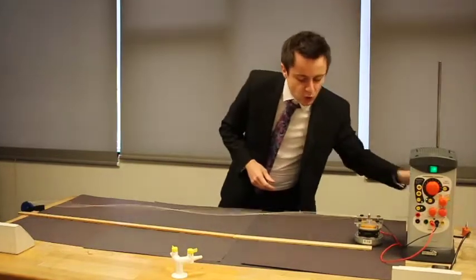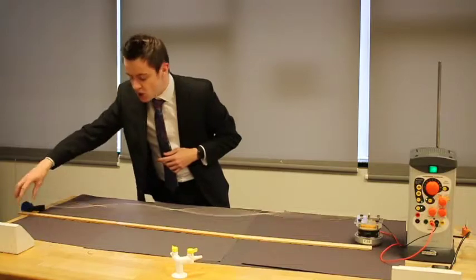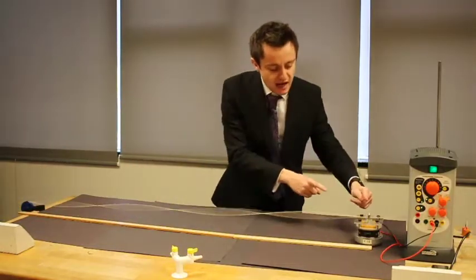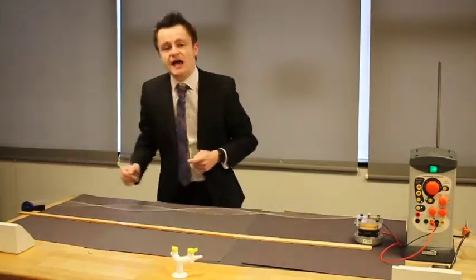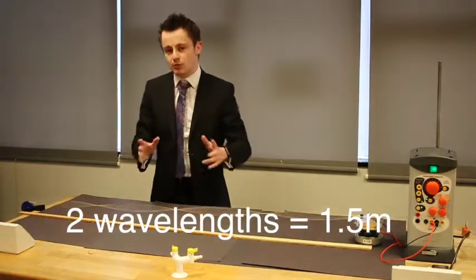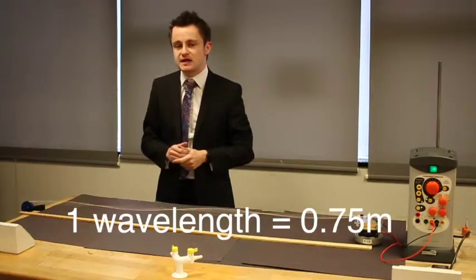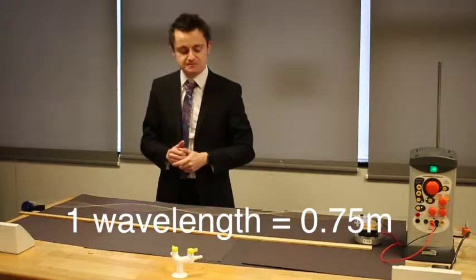Now actually looking at where we've placed the meter ruler and another half meter ruler, we've taped that to the bench, and from here to here is 1.5 metres, so two whole waves is 1.5 metres, meaning that one wavelength would come out at being 0.75 metres.